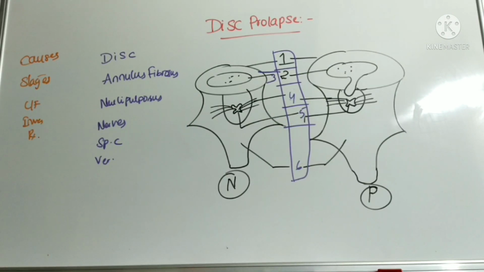Okay, you have to mention that particular annulus fibrosus and nucleus pulposus in a clear way. Next, you have to write the four stages and their names. Later on, clinical features. Finally, investigations and treatment. In the treatment, you have to concentrate on both conservative and surgical procedures. This completes the answer, which will give a good presentation in your examination, so that you have the best scope to attain good marks.